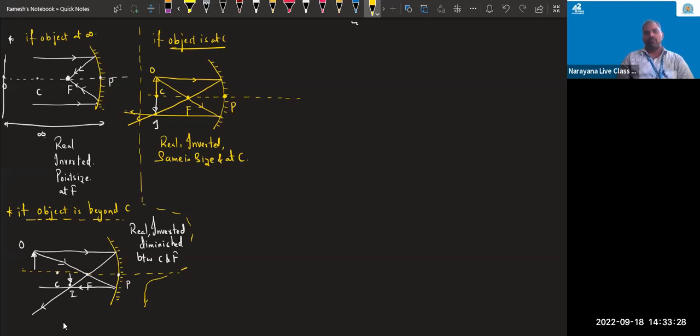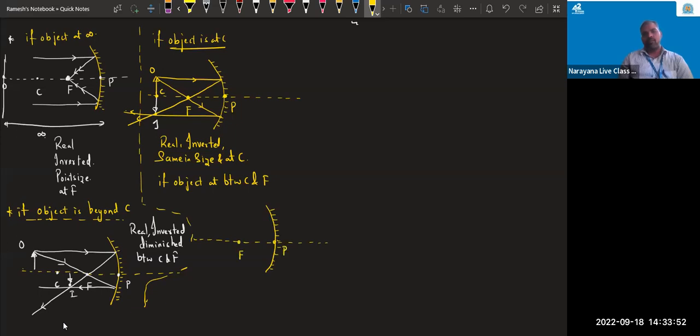Now, if the object is placed between, very good, C and F or F and C. Is this a concave mirror? This is the principal axis. This is the pole.